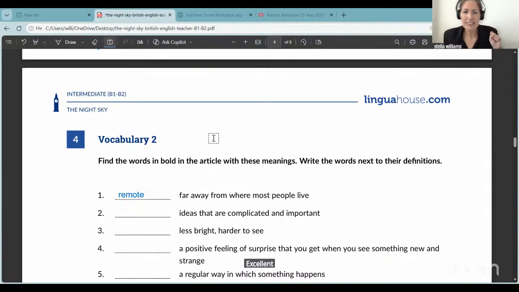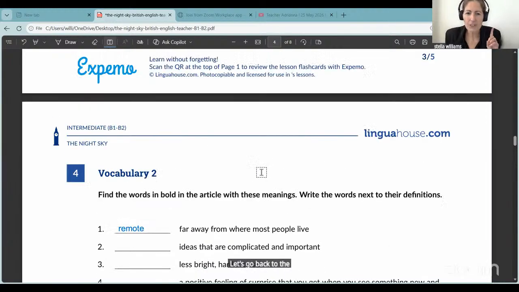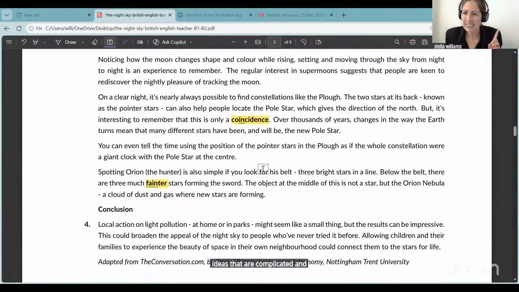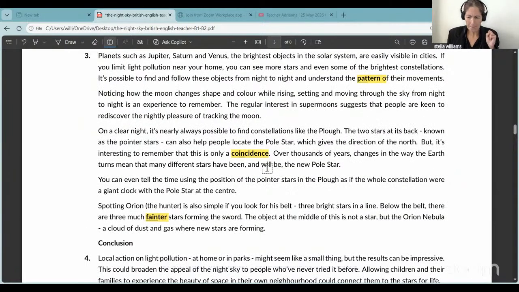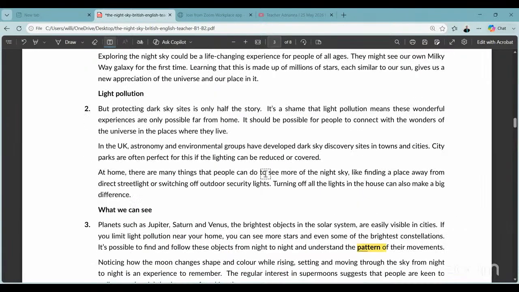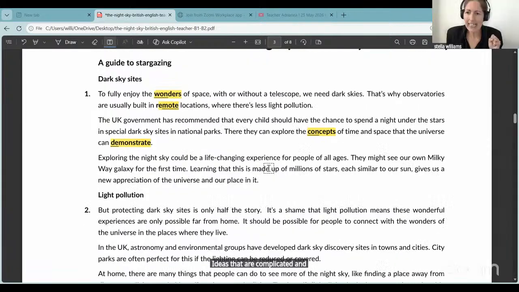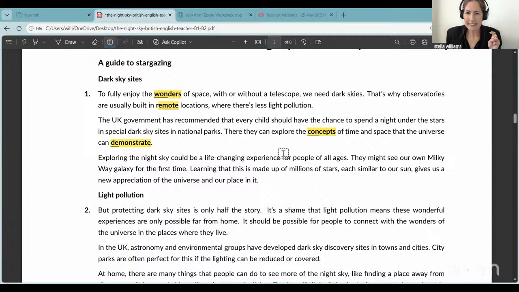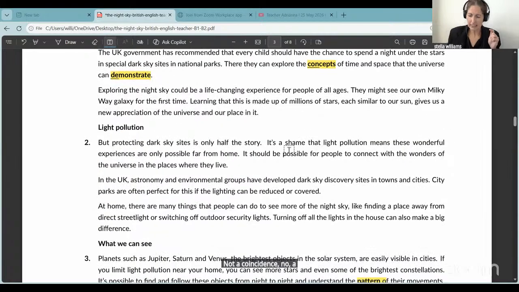Excellent. Number 2, ideas that are complicated and important. Let's go back to the paragraph. Ideas that are complicated and important. Mr. Azat, what is that? Not a coincidence.